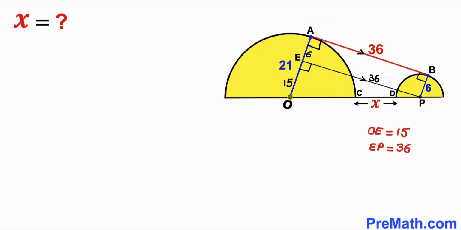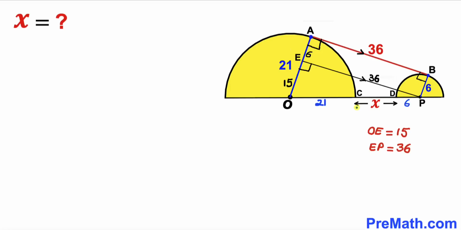And now we can see that this OC is the radius of this larger semicircle, and since this is 21 units, that means OC distance is 21. And likewise, this DP is the radius of this smaller semicircle, and the radius of this smaller semicircle is 6, so therefore this DP is going to be 6 units as well.